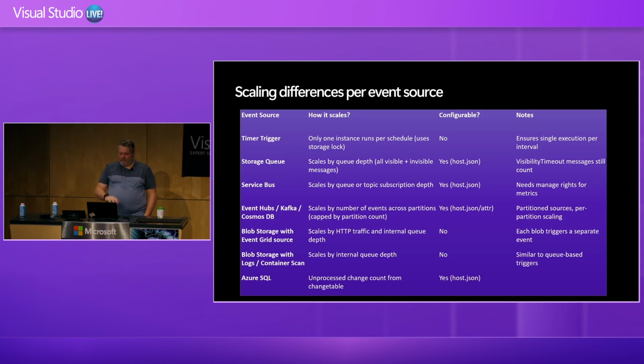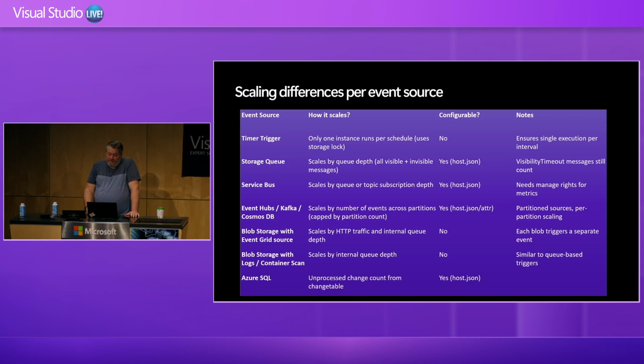It's well documented how you can change it if you want to, but it takes the defaults from the SDK. So for example, 16 messages per instance, or it's all based on the number of messages that the SDK gives you, but you can definitely tweak those. And we've had customers that had to scale out event hubs quite considerably, and they played with those values to be able to handle quite a lot of events.